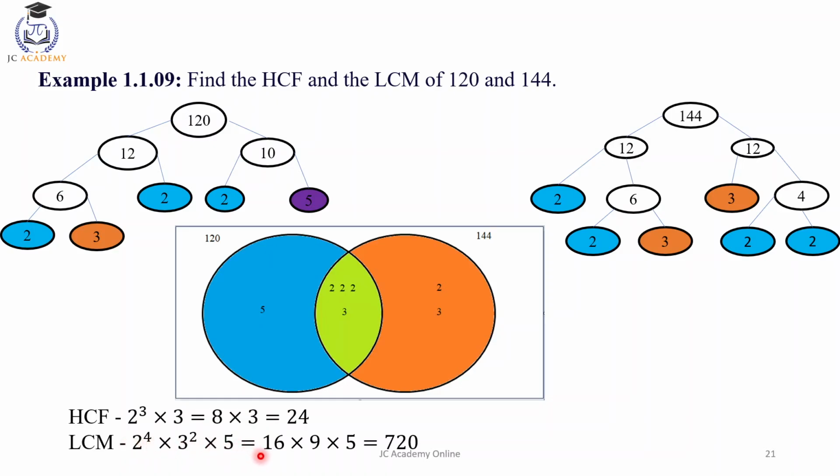So multiplying all this together, 2 to the power of 4 is equal to 16, 3 to the power of 2 is equal to 9, and then we have 5. So 16 times 9 times 5 is equal to 720. Therefore, the least common multiple of 120 and 144 is 720.